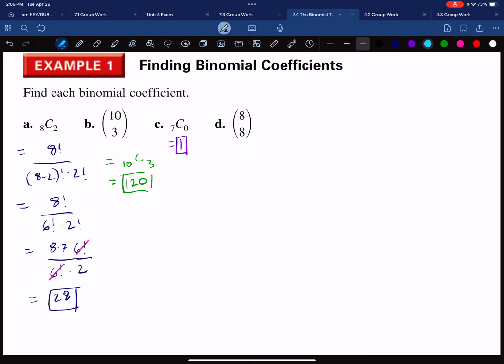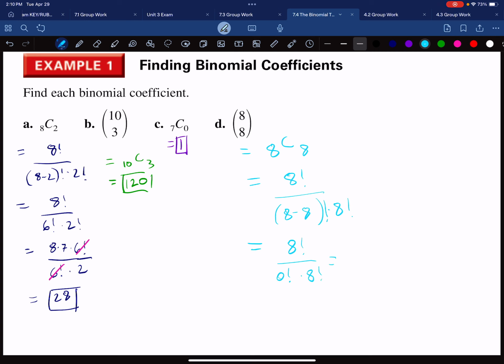Let's just do this one by hand again. So that's going to be 8 choose 8. My n is 8, so n factorial. My r is 8, so 8 minus 8 factorial times 8 factorial. Whoops, my factorial should be on the outside of those parentheses. All right, so this is 8 factorial over 0 factorial times 8 factorial.